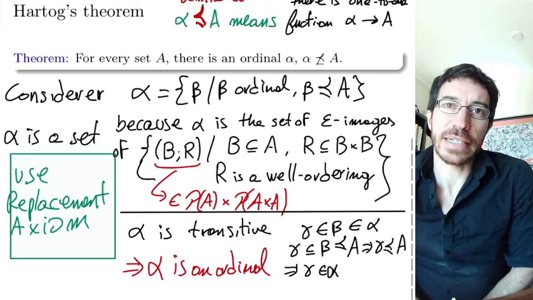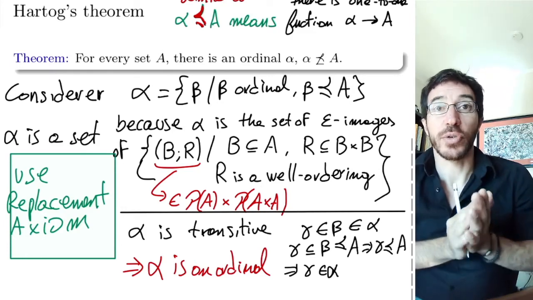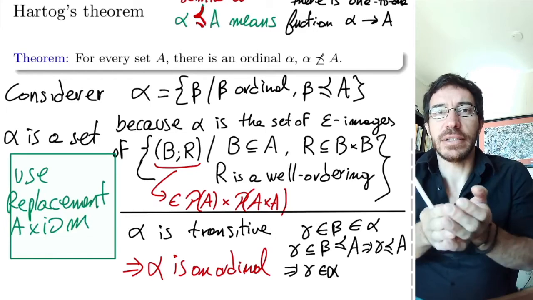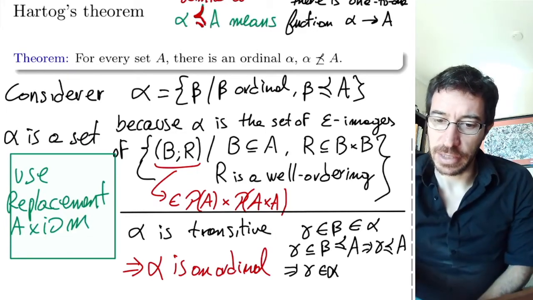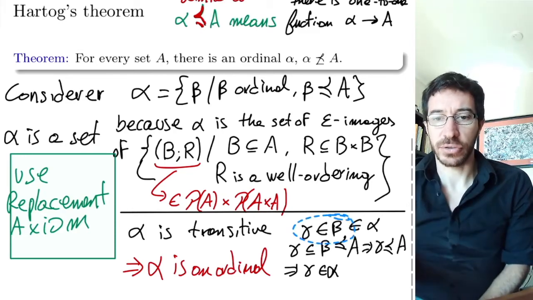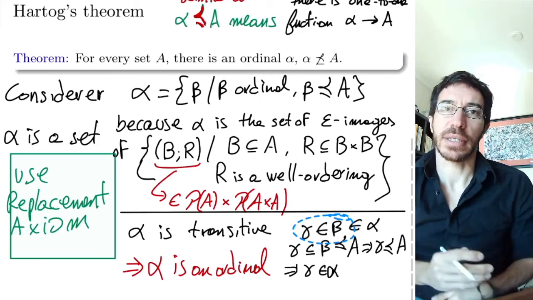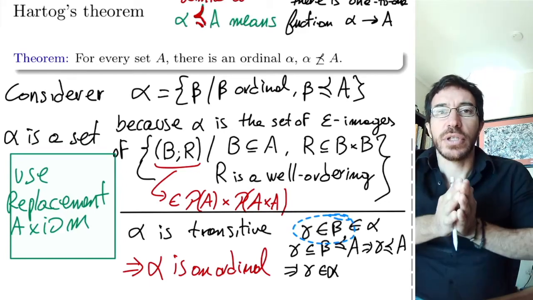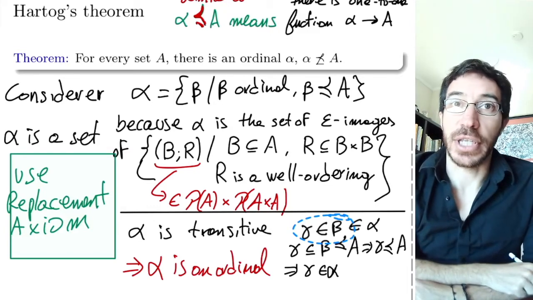So if you have a set of ordinals that is transitive, then being transitive means that you're closed downwards, right? If gamma is less than beta, and beta belongs to alpha, then so does gamma. So you're a downward closed set of ordinals, so you have to be an ordinal too, essentially the next ordinal that is not in the set.